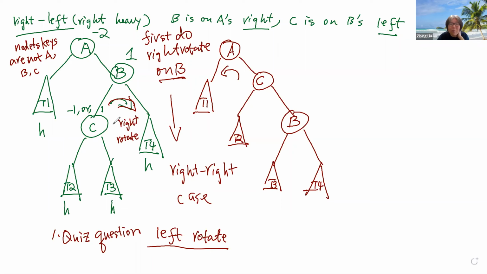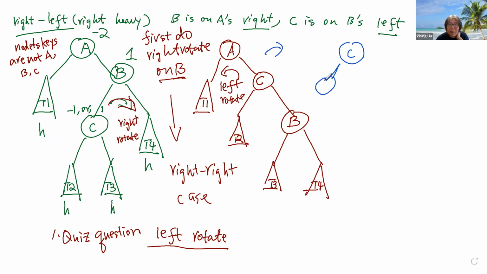Anyway, here we do right rotate, so we bring C up. Then it rolls back to the right case. For the right case, we left rotate, and when you do left rotate, you bring it to balance. I can use a different color. The left rotate is going to rotate A down and bring C up.